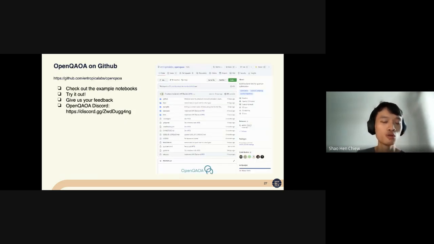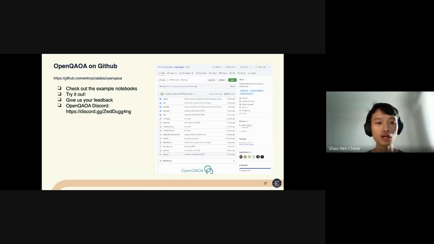Since it's an open source package, you can access it on GitHub using this link over here. In the examples folder, we have a bunch of really nice examples that explain what I just mentioned in a much more complete way.